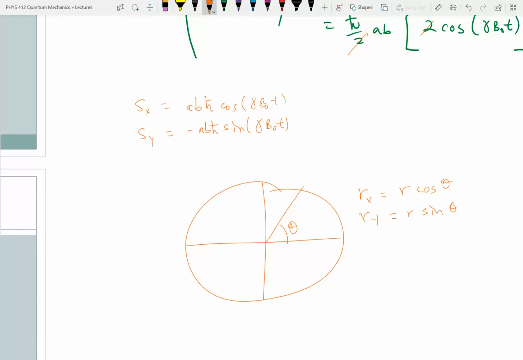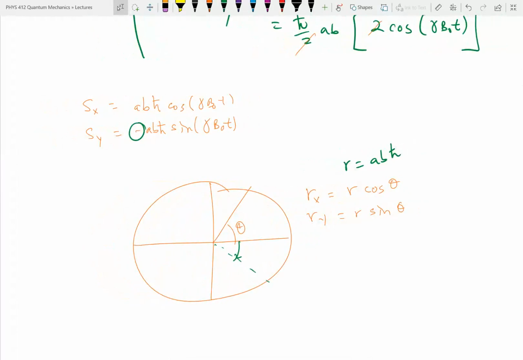This looks a lot the same, with the change that R is ab h bar, and I have a minus sign here instead of a plus sign. What does that indicate? It simply indicates that my angle is in the opposite direction. Because if you change the direction for your angle, if I put it in the negative angle, it would change the sign of the sine term, but not the cosine term. Right.